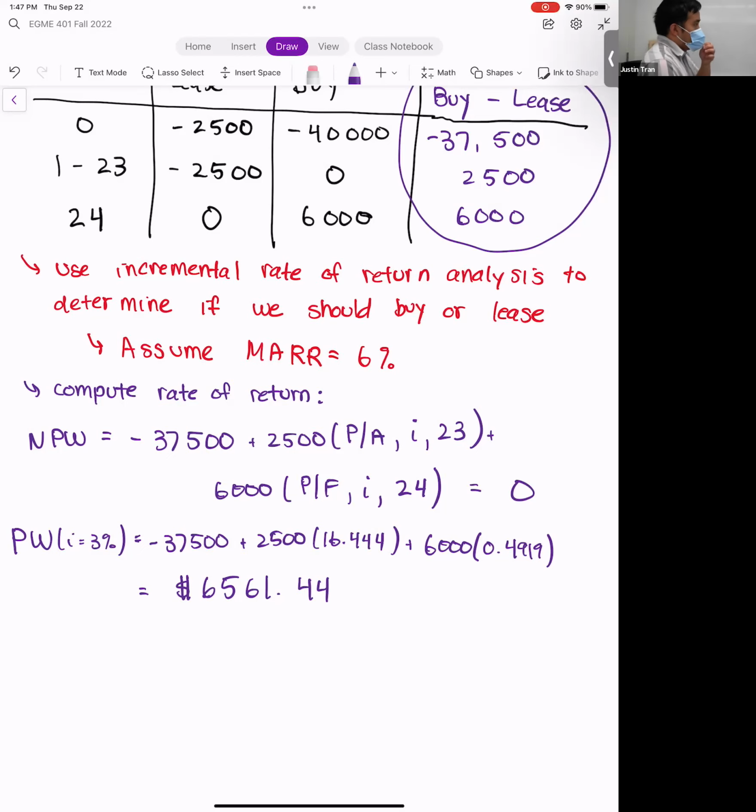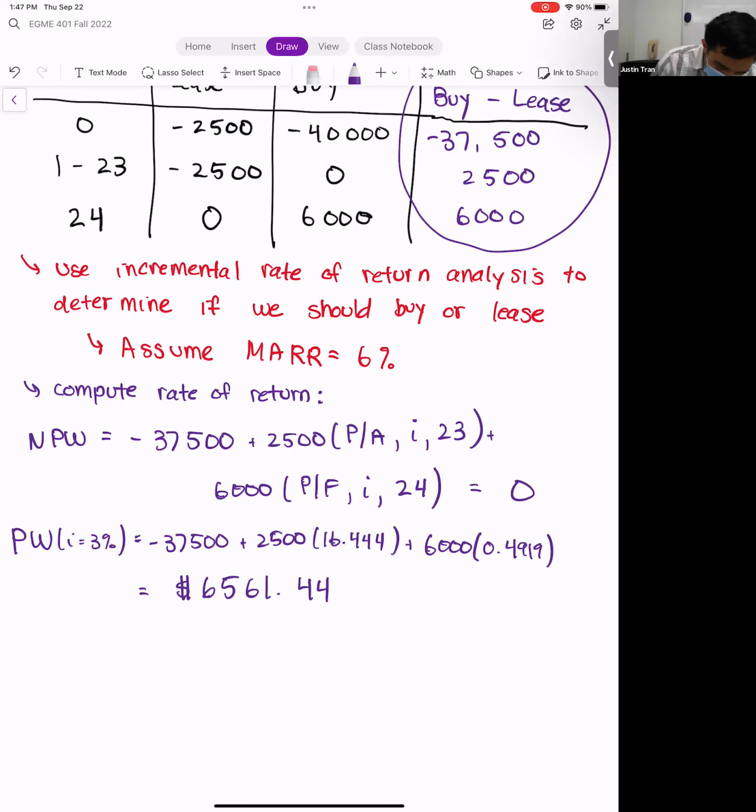So we're not quite there. Remember, we're looking for the interest rate that's going to make this present worth equation 0, and we're still quite a bit off. Since we ended up with a fairly positive present worth, let's go up in the interest rate, and then you'll see that it's going to come down a bit.